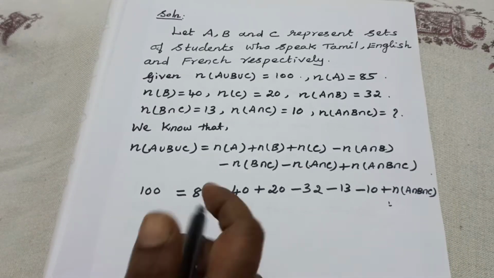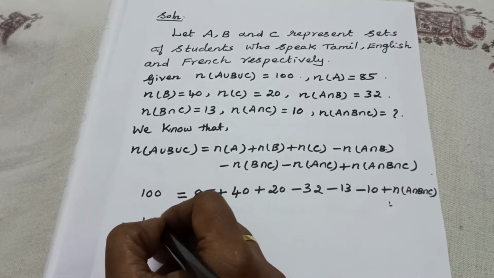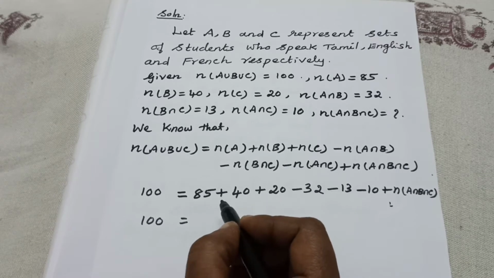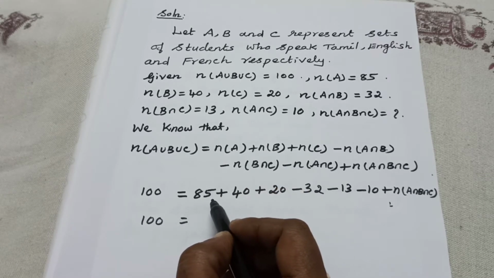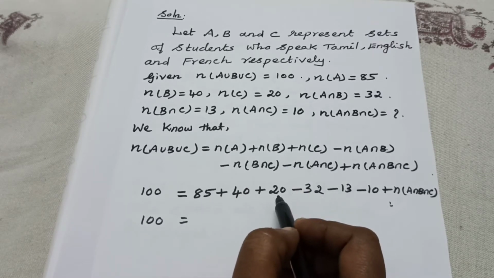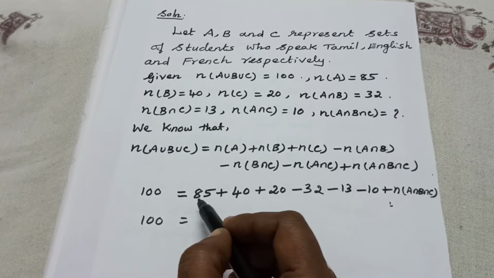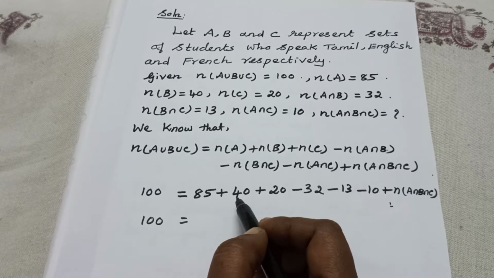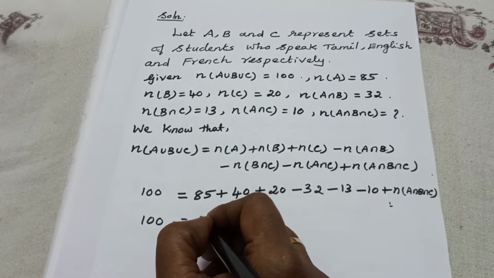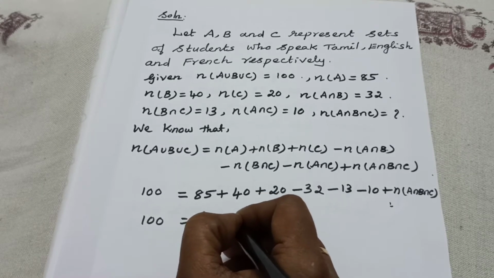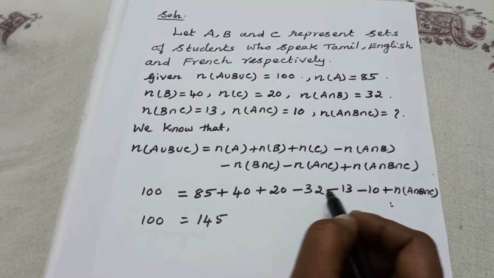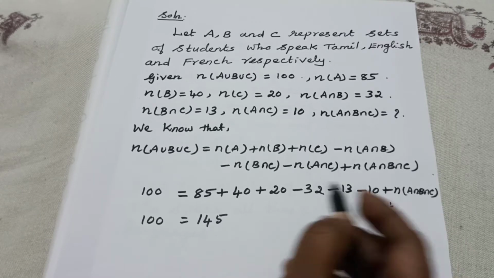So 100 is equal to these three values added. 85 plus 20 is 105, then 105 plus 40 is 145. Then the negative values: minus 32, minus 13, minus 10.